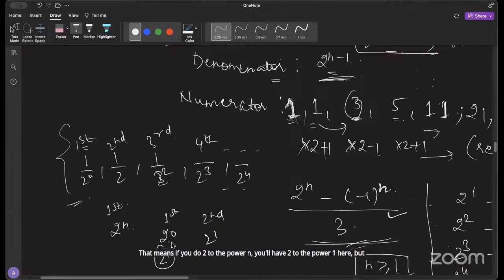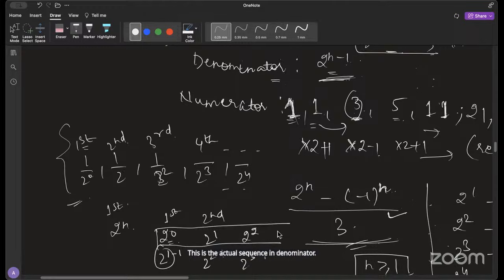But we have 2 to the power 0 instead. That means you should be subtracting 1 from here, subtracting 1 from here, subtracting 1 from here to get what you want. Right? This is the actual sequence in the denominator. So if you take just 2 to the power n, you will get 2 to the power 1 here instead of 2 to the power 0. If that was your question.